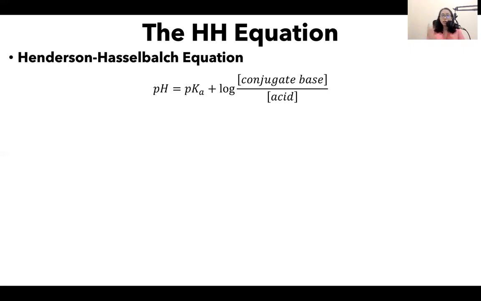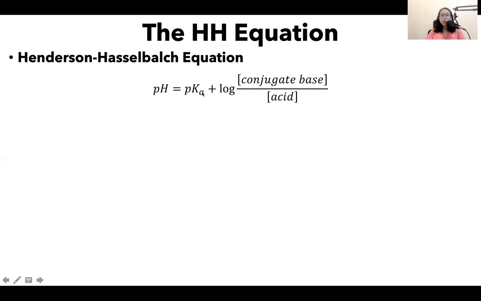In fact, it is the only equation that you need to know and understand when you are making computations regarding buffers. So pH equals pKa plus logarithm of the concentration of conjugate base over the concentration of the weak acid in your buffer.